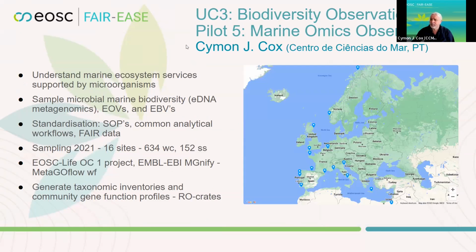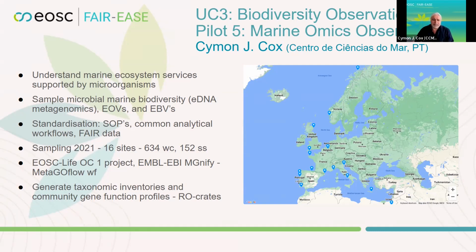So EMOBON. EMOBON is an undertaking by EMBRC to provide continuous sampling of metagenomic data from 16 sites in Europe and beyond. They're sampled on bi-monthly timescales, and their data is sequenced and released using standard operating procedures with rich metadata, including essential ocean variables and essential biodiversity variables.